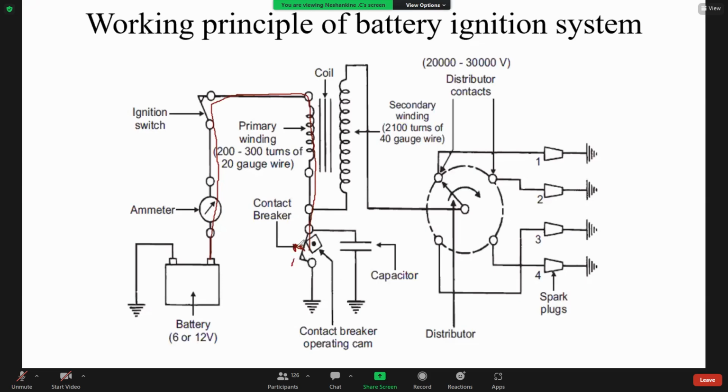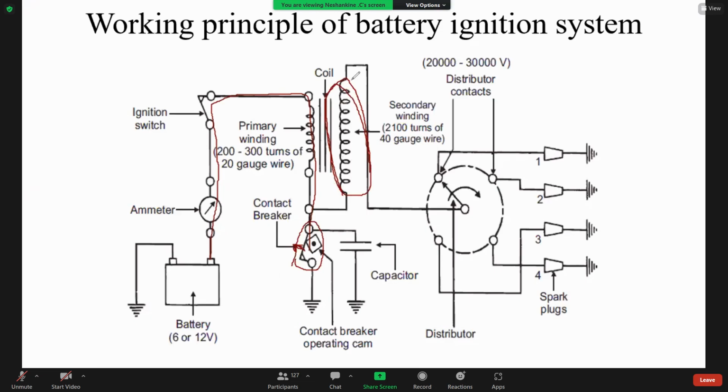Current can't pass this way. Then the magnetic field also collapses. Due to that collapse, we can obtain high voltage in the secondary winding.